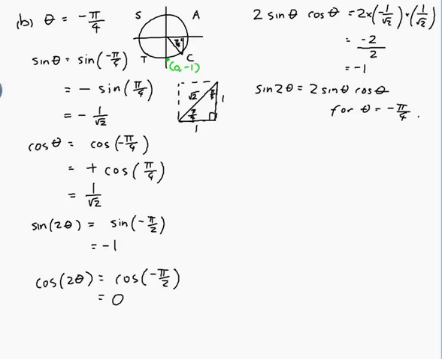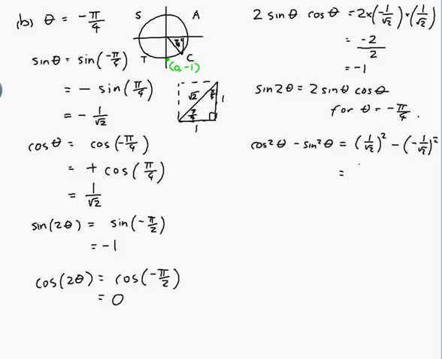Alright, let's check the other one. We need to do cos squared theta minus sine squared theta. So let's see. Cos theta was 1 on root 2, so cos theta squared, minus sine theta, which was minus 1 on root 2, squared.